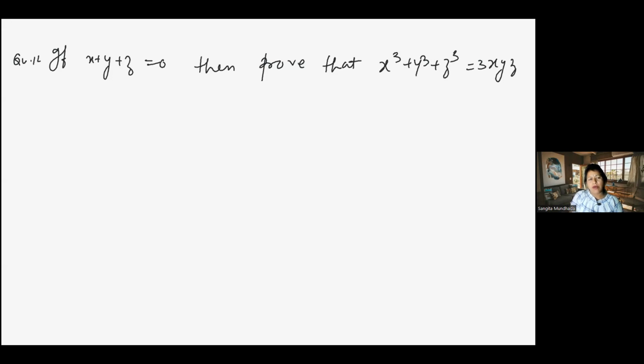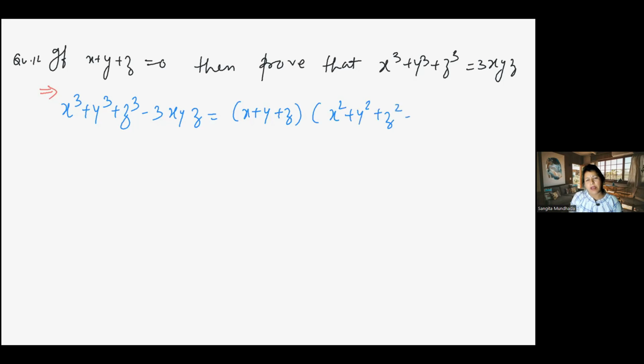So now we know that x cube plus y cube plus z cube minus 3xyz is equal to, in first bracket, x plus y plus z, and second bracket, x square plus y square plus z square minus xy minus yz minus zx.